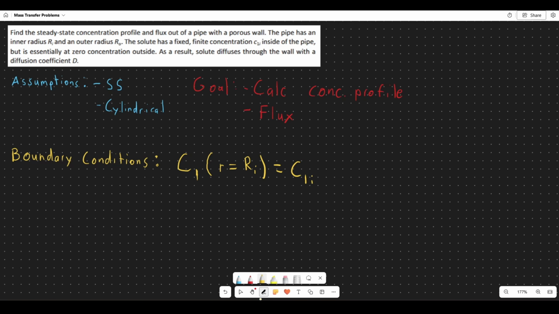And then our second boundary condition is C1 at r equals the outer radius, r sub O, which is equivalent to 0, because we have essentially zero concentration outside. Perfect. Now we have our assumptions, our boundary conditions, and our goal. Now we can get started with the differential equation.